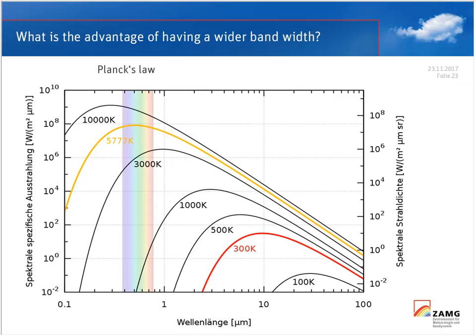Here we have the 10.8, and 10 micrometer is the highest intensity. And 3.9 is about here, but for 300 Kelvin, and this is quite a warm surface, we are talking about colder surfaces. So for colder surfaces, there must be some curve like this here. And you see that the amount of radiation for very cold surfaces is small.